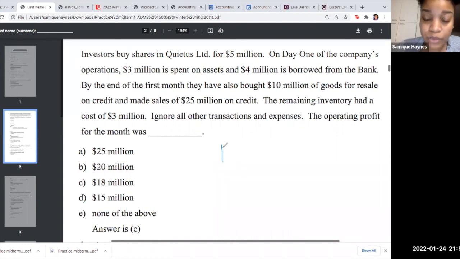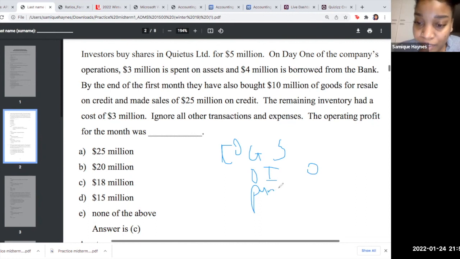So exactly, cost of goods sold is equal to the opening inventory, which is 0, add purchases, which was 10 million.